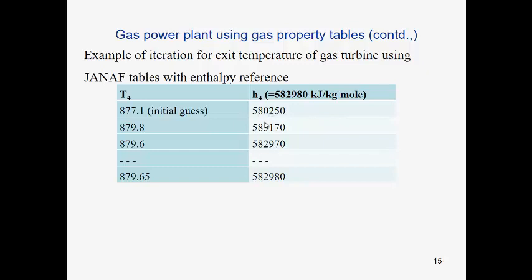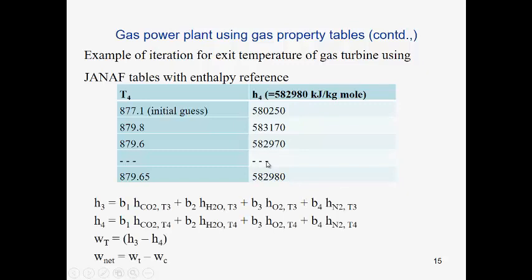That's 5,80,250 against the actual value of 5,82,980 kilojoules per kg mole. After iterating this temperature, finally at 879.65, the enthalpy is 5,82,980. It is not coming exactly, but considering the fraction, it is very close to this value.